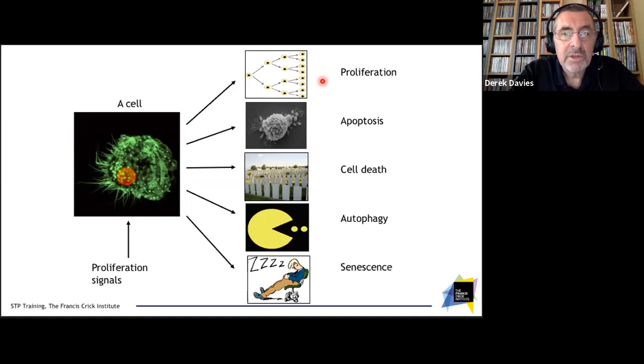But sometimes the conditions aren't right, and a cell may choose to delete itself from the population. And it can do that in several ways. Cells can die sort of accidentally, if you like, injury. They can choose to eat themselves by a process called autophagy, or they can die by this process known as apoptosis. Or they could neither proliferate nor die and enter a process called senescence.